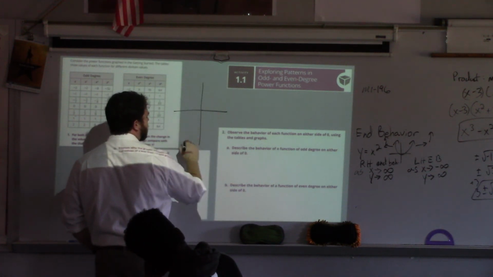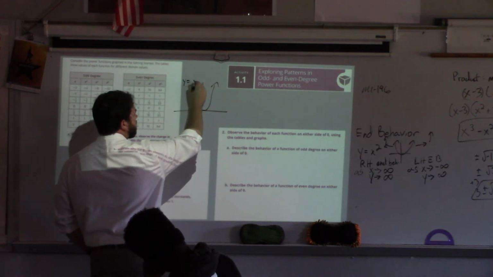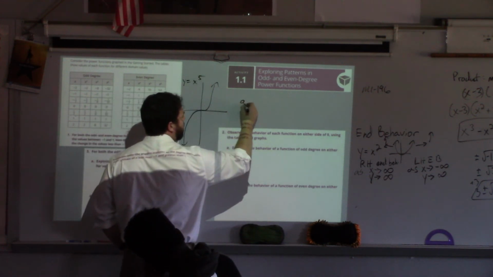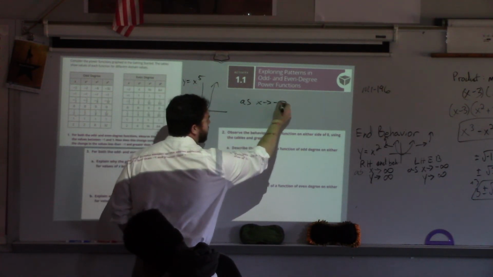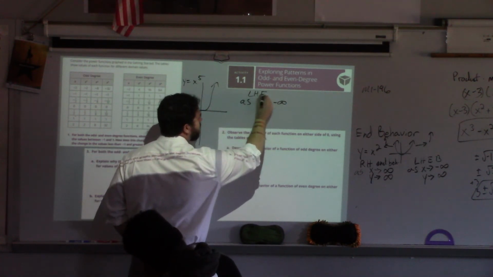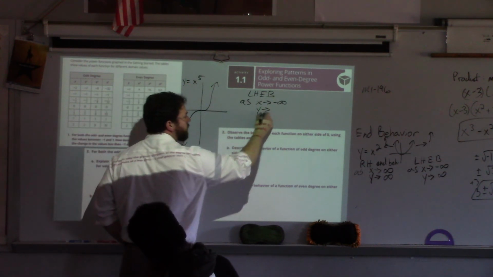Any questions? It's just looking at that graph and making sense out of it. Whereas if we looked at something like y equals x to the fifth, I still want the left-hand end behavior. As x goes towards negative infinity, what's my y going towards?